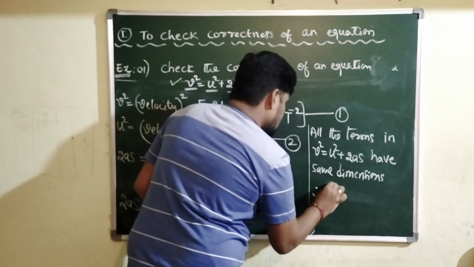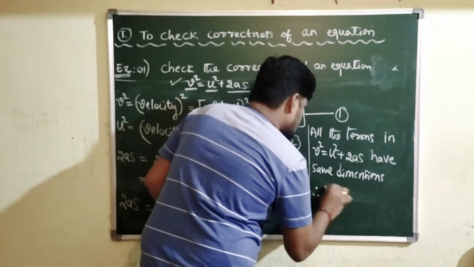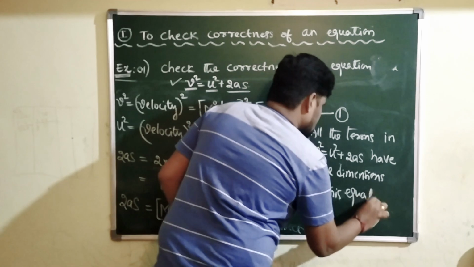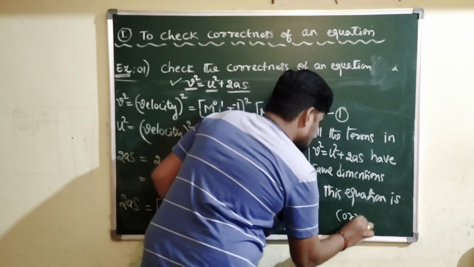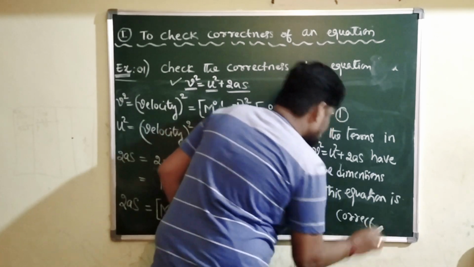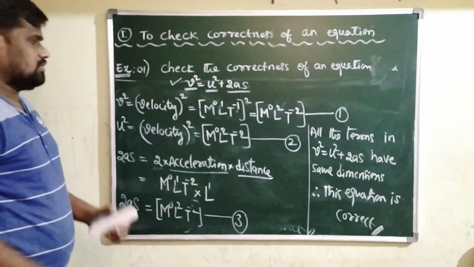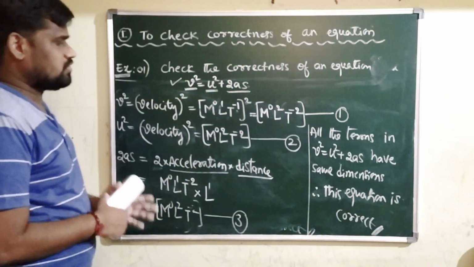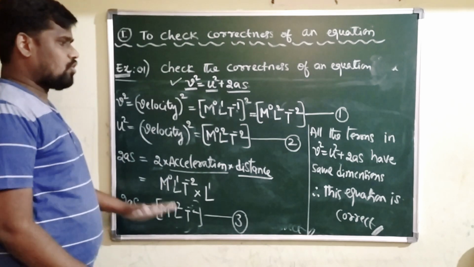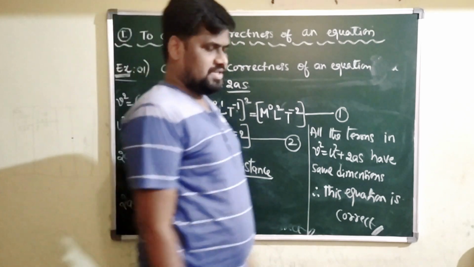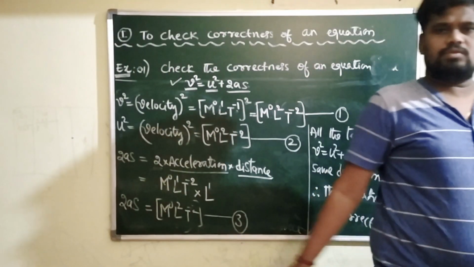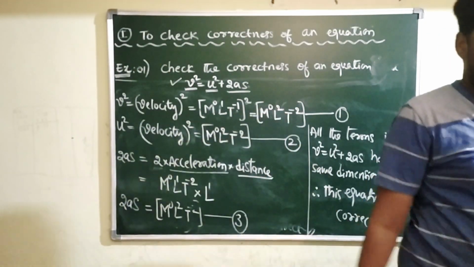Therefore, this equation is correct. So this is how you are going to check the correctness of the given equation. Just watch the steps. I will come with one more example. Okay.